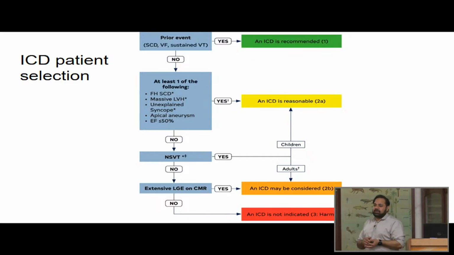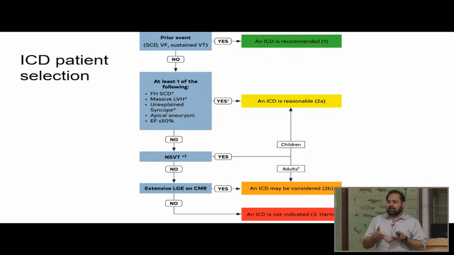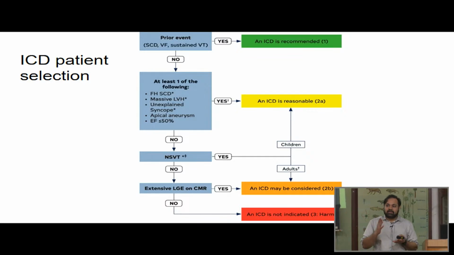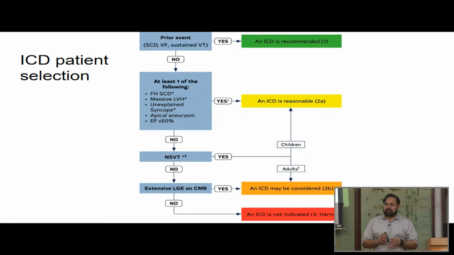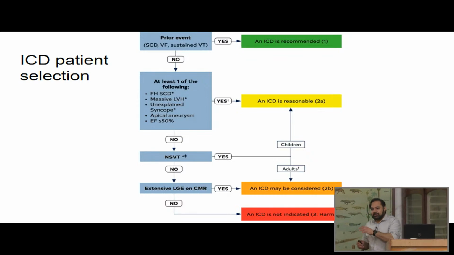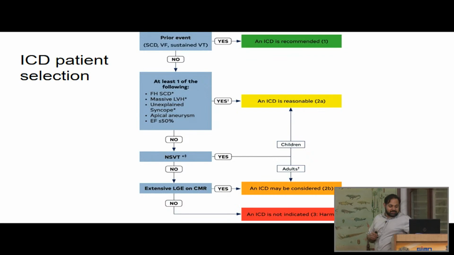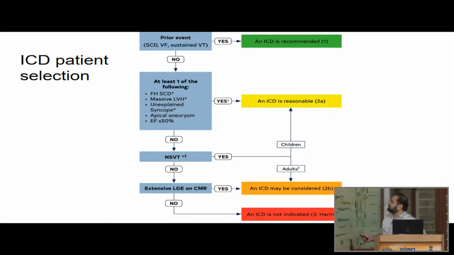Ejection fraction means suppose 100 ml of blood will enter in heart at the end of diastole, and during systole, if suppose 60 ml of blood is going out, then ejection fraction is 60, means out of 100, 60% blood is going out. Okay. So that is normal, 60% is normal. So if EF is less than 50%, that is also an indication for ICD in HCM patient. So either one of this feature, if it is present, then we will advise ICD.